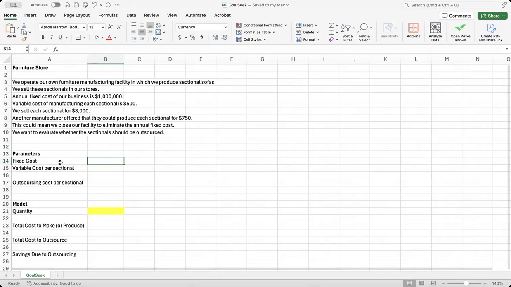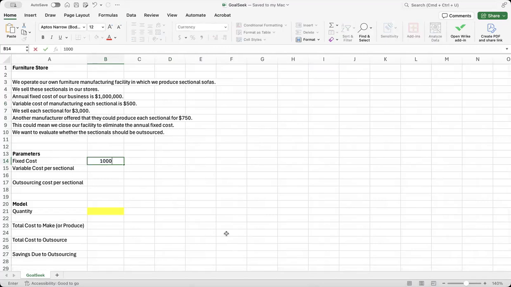So I set up my spreadsheet. I have my parameters. My annual fixed cost is $1 million and variable cost per sectional is $500. The outsourcing cost per sectional is $750 because that's how much we are paying this other manufacturer.